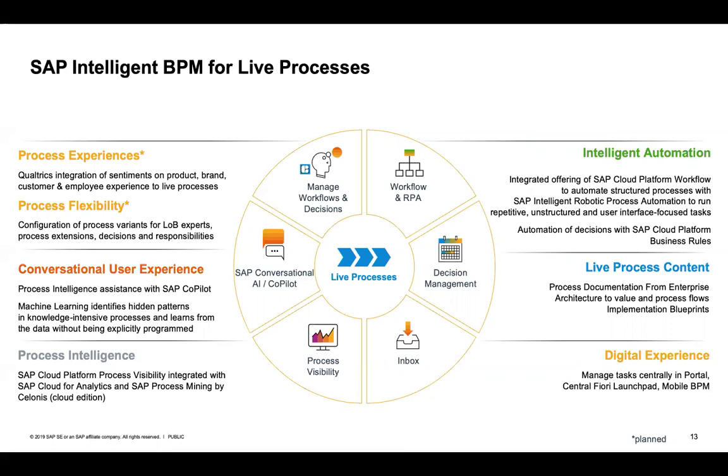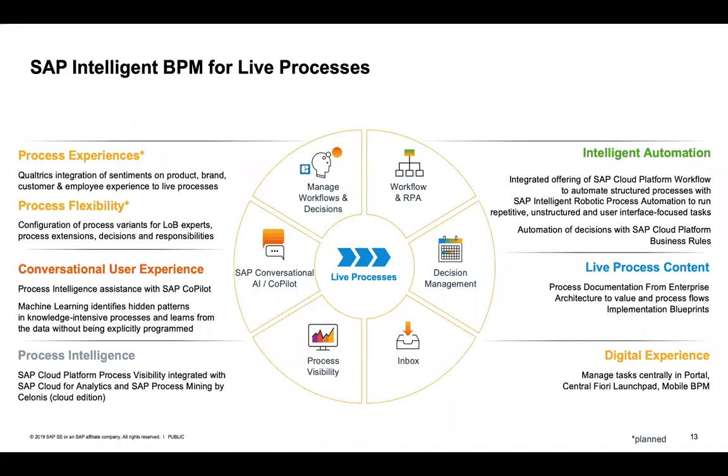area of intelligent automation. As I said before, we already delivered two years ago SAP Cloud Platform Workflow as a service to automate structured processes, to orchestrate processes across different kinds of systems, but also to enhance standard processes. In addition to that, earlier this year, SAP Intelligent Robotic Process Automation was launched to work on more repetitive, unstructured tasks which you also have in your company.